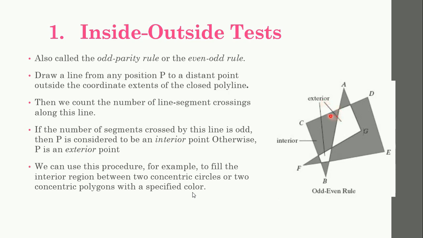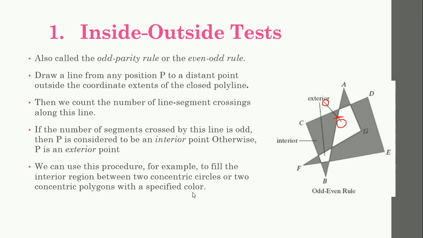What you have to understand is, first select one of the points that is lying inside the polyline segment. Okay, and select one more point which is existing outside the polyline segments. Then we have to count how many intersecting lines you have.